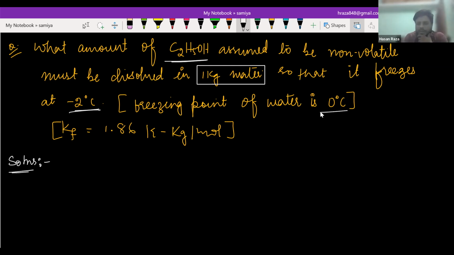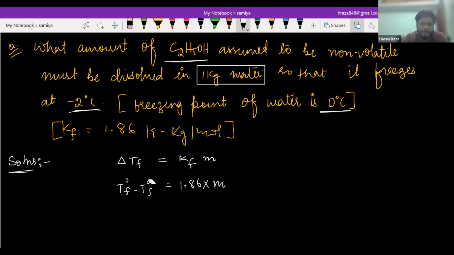Freezing point of pure solvent is given as 0 degrees centigrade, and Kf is 1.86 Kelvin kg per mole. So delta Tf is equal to Kf into m. Kf has a value 1.86, and I am just supposing m as molality, and delta Tf has a value T naught F minus Tf.